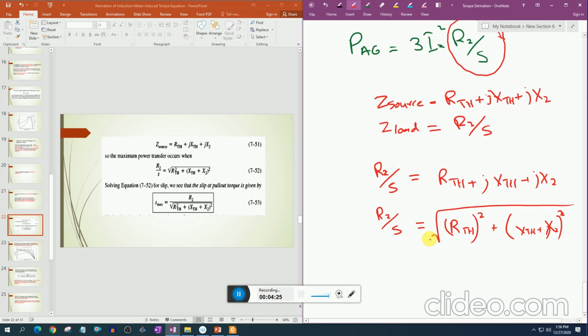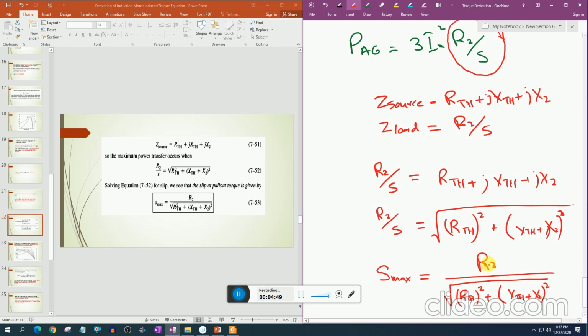From that, the value of slip at which the maximum power occurs is equal to R2 divided by the square root of R Thevenin square plus X Thevenin plus X2 square.